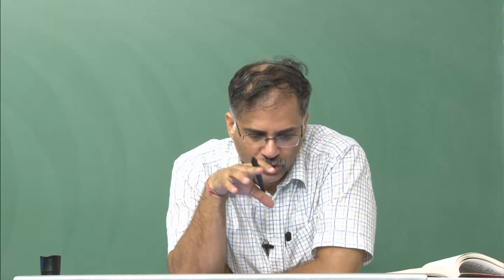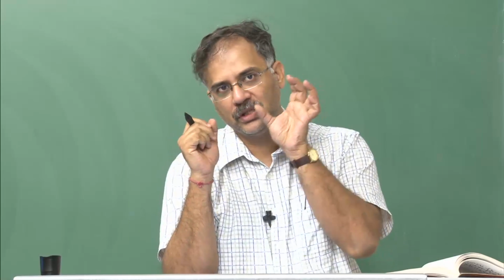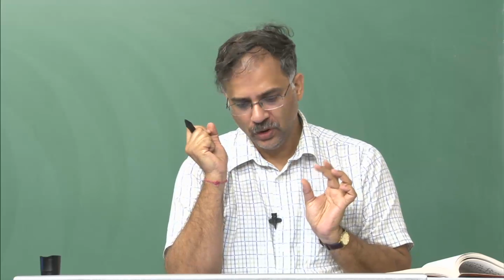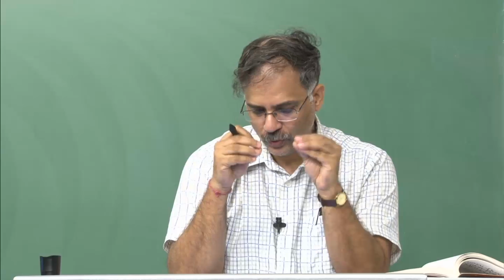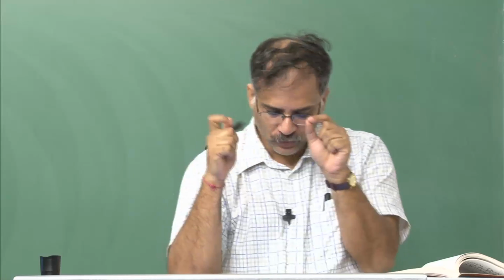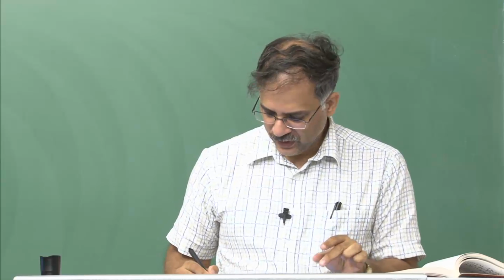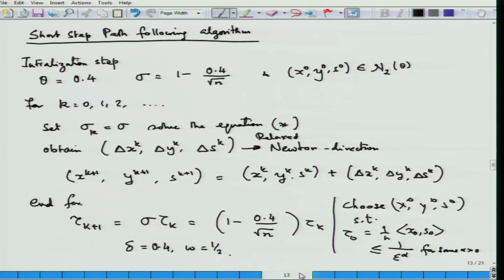We have created an algorithm called short step path following algorithm, where all the points that you generate by solving the equation star are forced to remain in a very narrow cone, and those points do not allow you to move very far off from the central path, but keep you near the central path. That is why it is called a short step path following algorithm, and we have shown that this algorithm can be easily made to follow the polynomial time pattern.